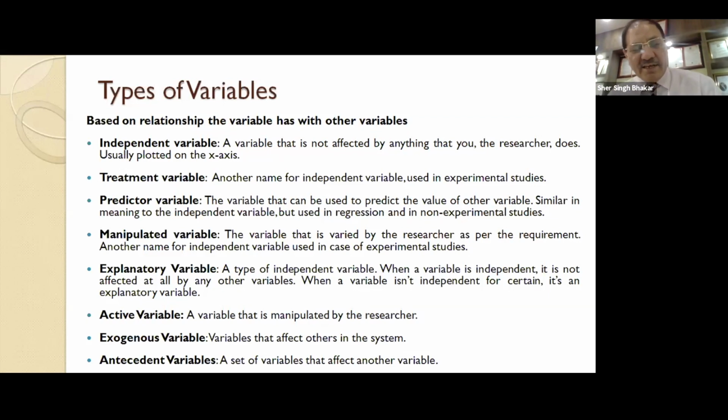Like in a study, suppose we have 4 variables, like, say, trust, perceived quality, that is how the customers perceive quality, trust that the customers have in the brand, and customer satisfaction. Say 2 variables, trust and perceived quality, affect customer satisfaction. Now in this, trust and perceived quality are independent variables and customer satisfaction is a dependent variable.